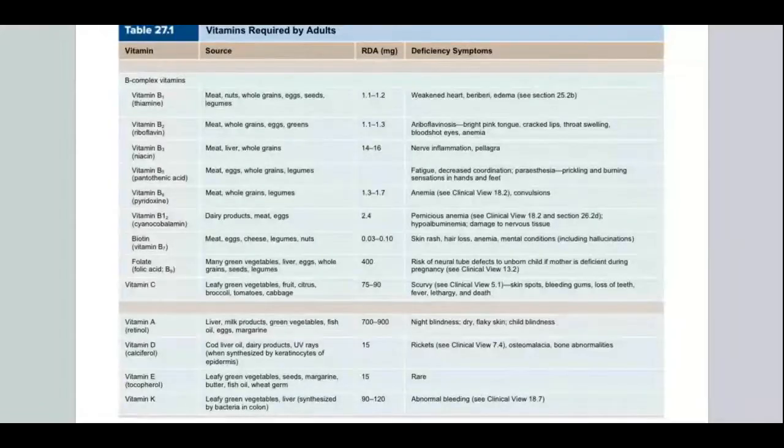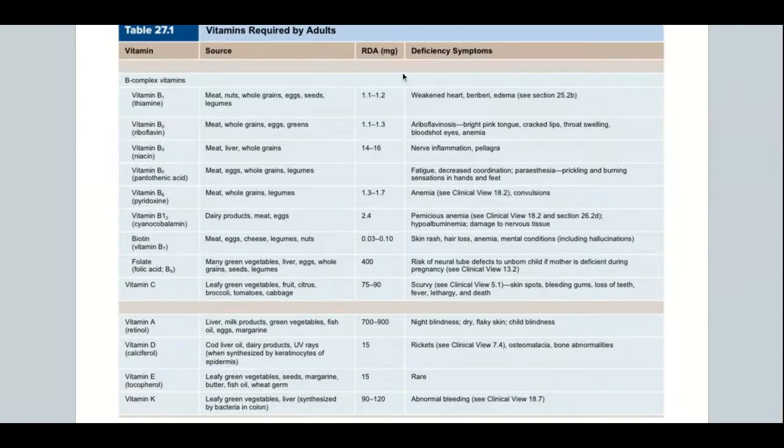Now we're going to look at micronutrients, and you might not have seen these before. So this is something that's new. If we look at this table here, it shows us vitamins. Our micronutrients are going to be the vitamins and minerals. We can divide vitamins into essential and non-essential, and we can also divide them into water-soluble and fat-soluble.